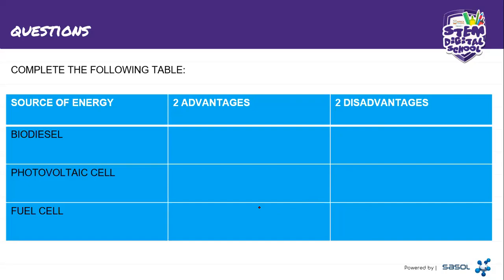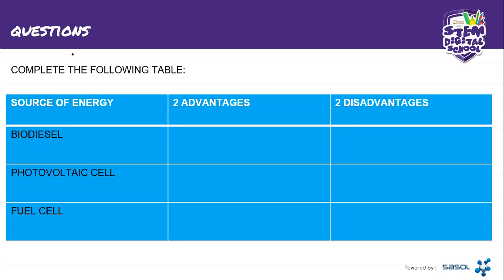Then we get to the fuel cells, and we need to talk about the advantages of a fuel cell. Now you will remember itself, it is a galvanic cell, so it converts chemical energy to electrical energy. Like in a hydrogen half cell, it uses a gaseous fuel that contains hydrogen, and the hydrogen gas reacts with the oxygen gas from the air, and we produce water.